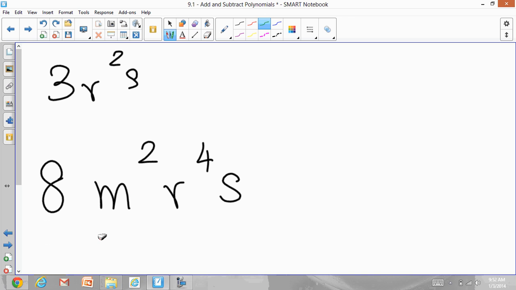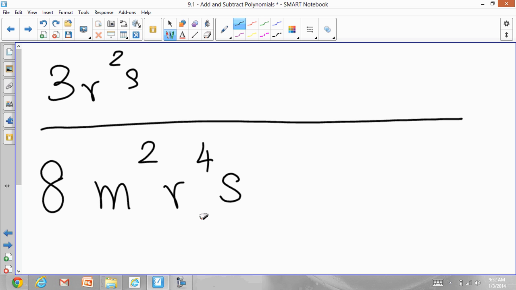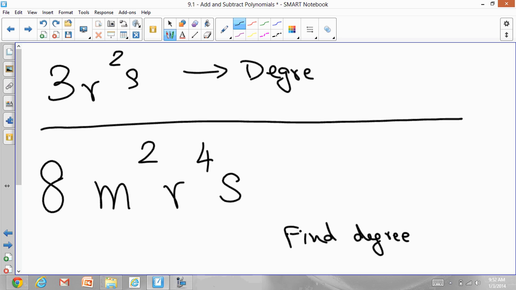Now copy these important notes down. They are important because some of the questions on your exam might talk about finding the degree. This is question number 1 and this is question number 2. The question is asking you to find the degree. For this question, the degree will be the highest exponent.